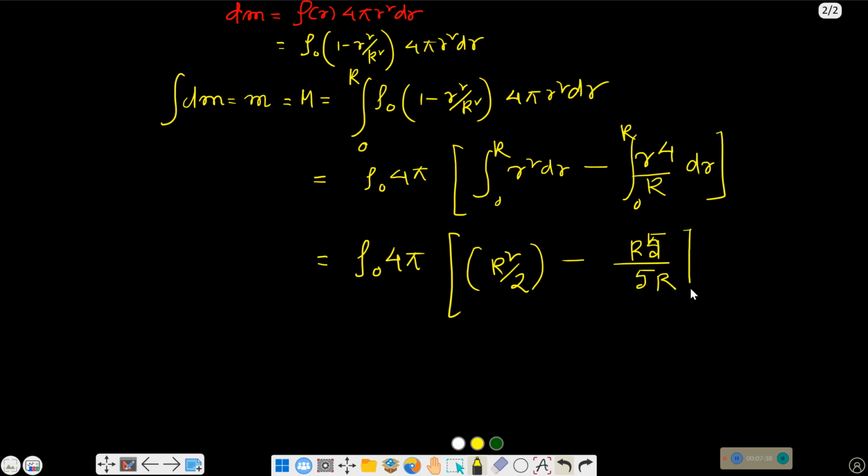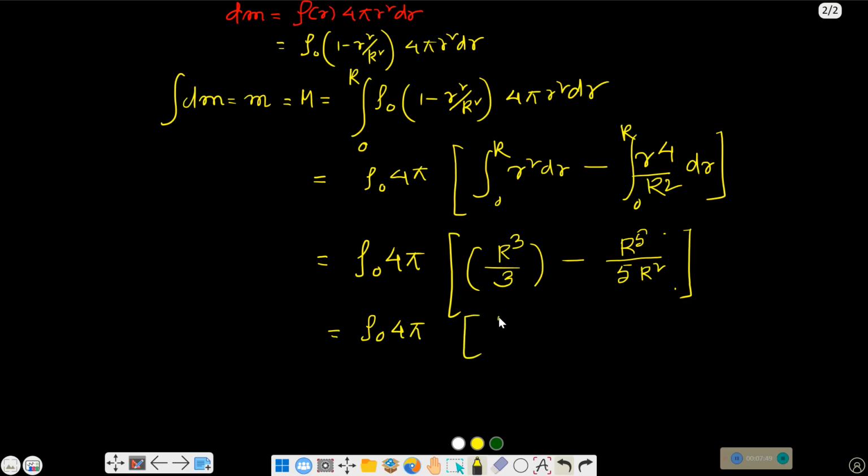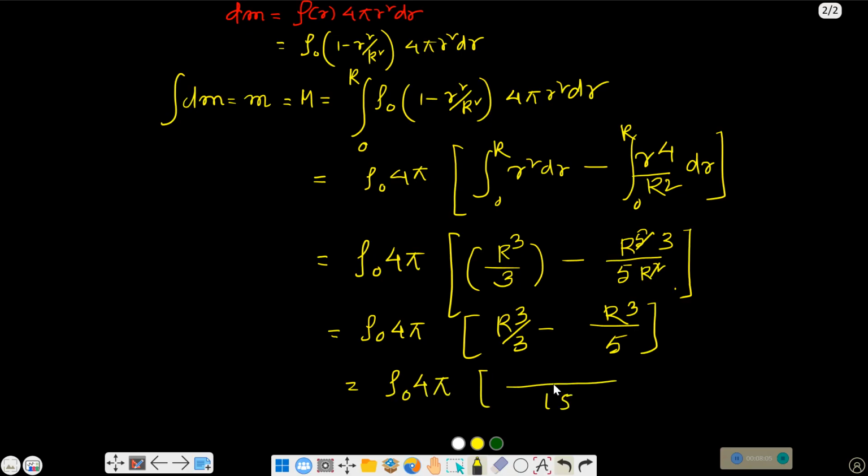So this is R cube by 3 minus R to the power 5 by 5 R square. This will be equal to rho naught 4 pi times R cube by 3 minus R cube by 5. Taking the common denominator 15, it is 5 R cube minus 3 R cube.